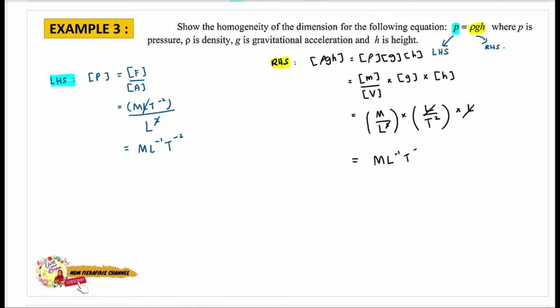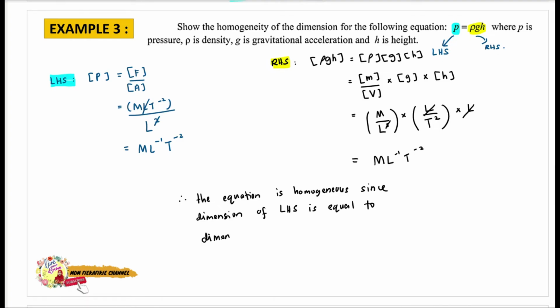So we look here, the dimensions we found for the right hand side and left hand side are the same. When they are the same, we can write, therefore, the equation is homogeneous, since the dimension of the left hand side is equal to the dimension of the right hand side.